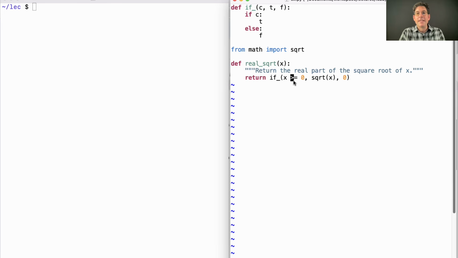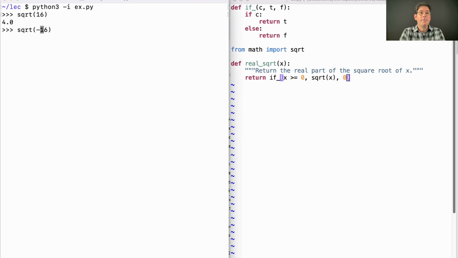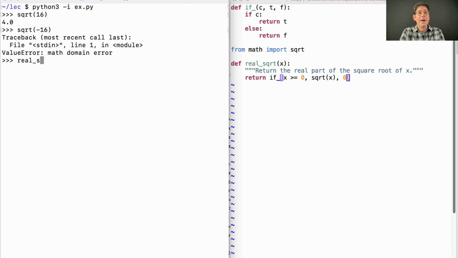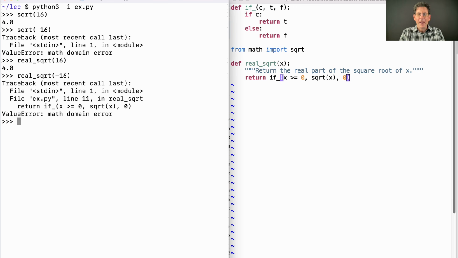What's going to happen here is that it's going to call if on these three things, which come in as C, T, and F. If C, then I need to return T. Otherwise, I return F. And now I have a very convenient implementation of real square root that all fits on one line. Let's watch it work. It's still the case that the built-in square root works only on positive numbers, but my function, real square root, gives me the 4 and the error.